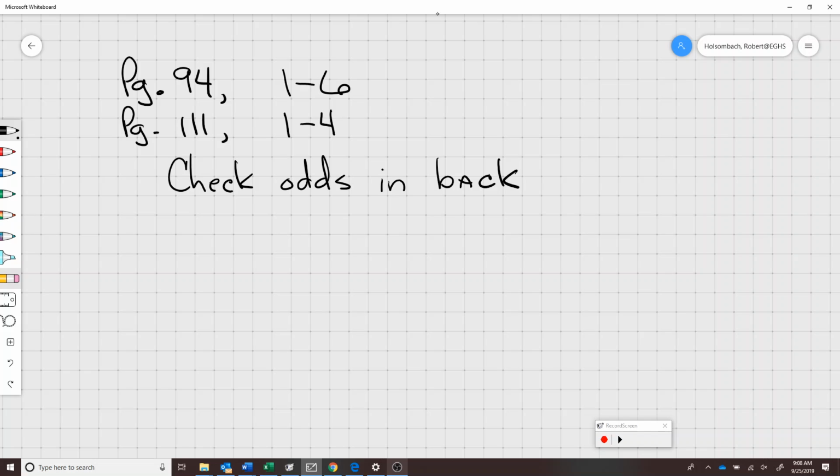Now, moving forward for the rest of the year, your assignment each day is also to check focus. Check focus for homework questions. Clear? Check focus for homework questions.